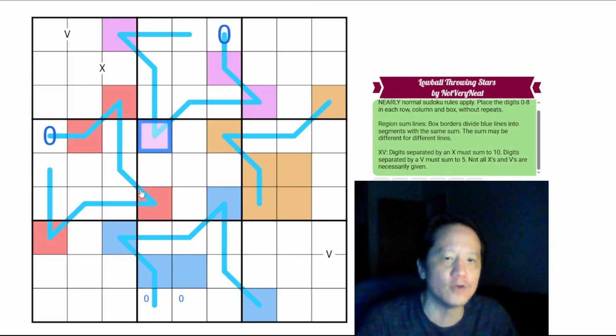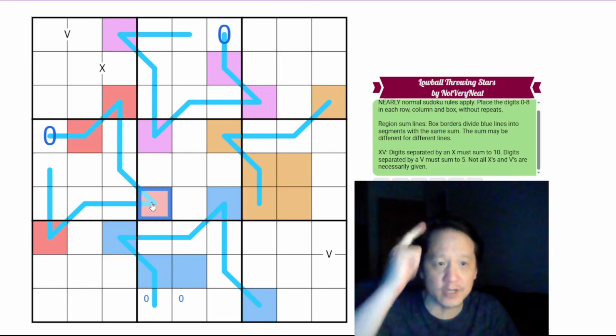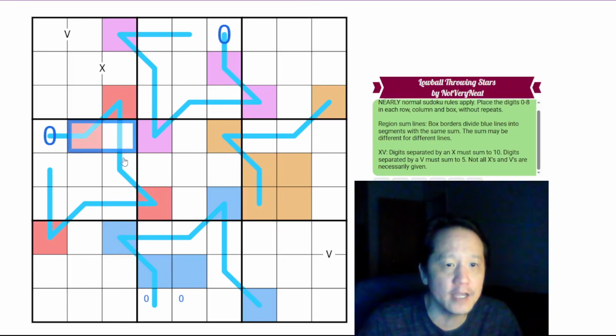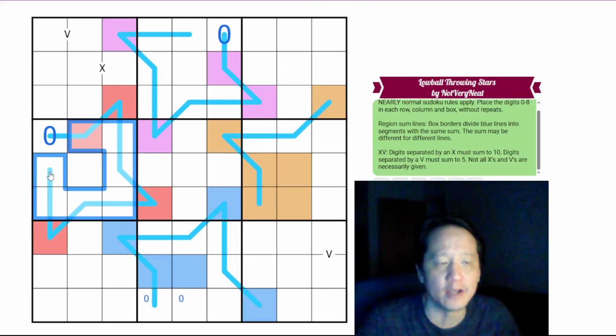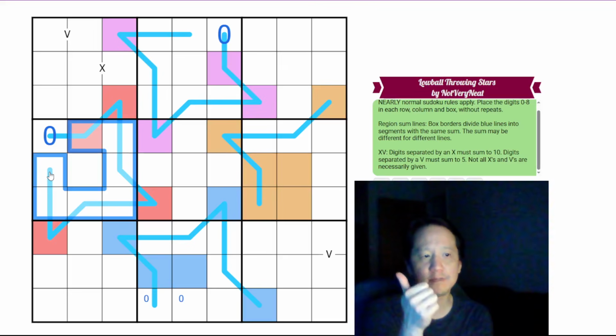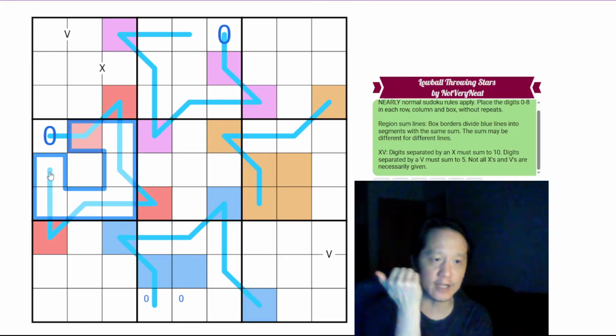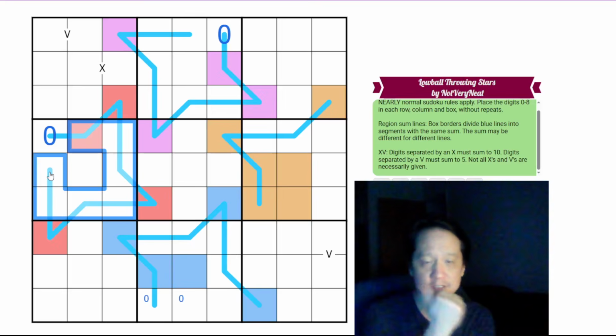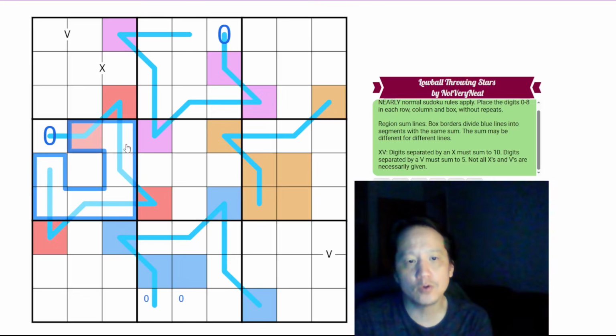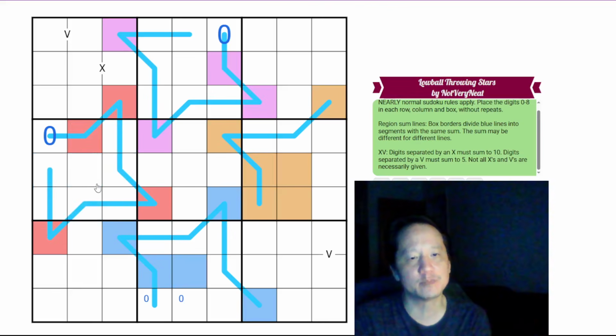What happens if you have pink or red as 6? Where are you going to place both 7 and 8? Well, 7 and 8 cannot be on the region sum line because 7 and 8 plus another digit is never adding up to 6 or less. So one of 7 or 8 must be here, and the red or pink digit must be 7 or 8, right?